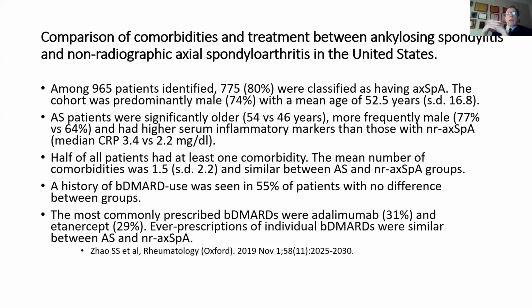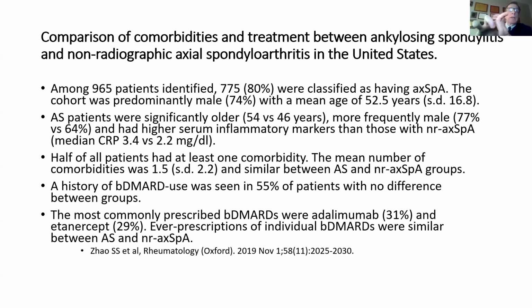This is another cohort that was reported last November by Zhao et al., looking at the U.S. Among 965, 775 or 80% had axial SpA. They found that AS patients were significantly older than those with non-radiographic axial SpA.